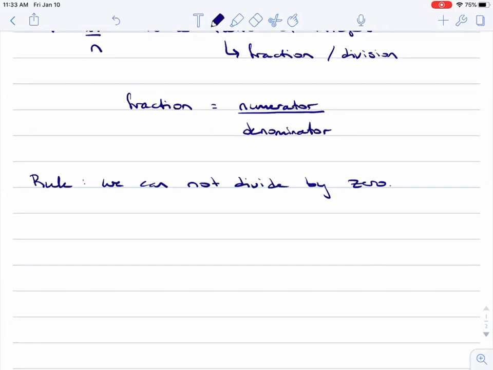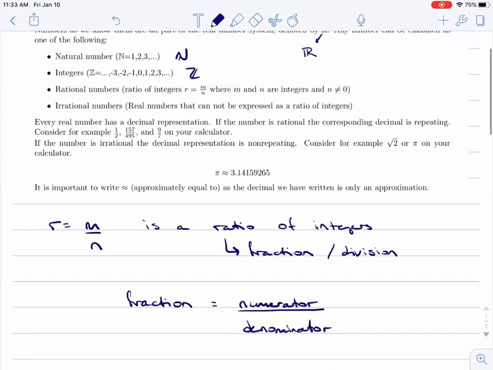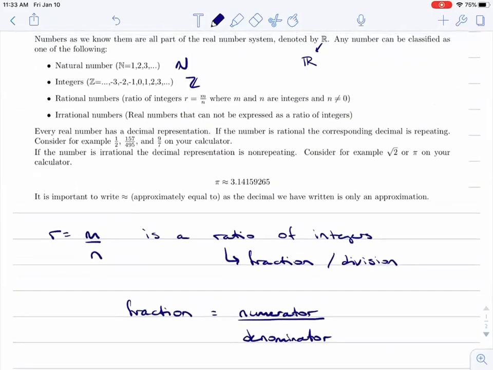For that reason, a lot of the time there will be added little conditions, because n is in the denominator. So where m and n are integers, and n is not equal to 0. One of the assumptions we're applying here is that we're not dividing by 0, so everything else goes.